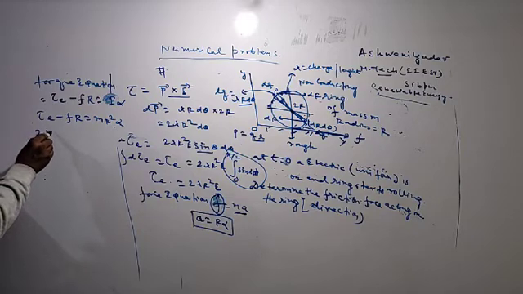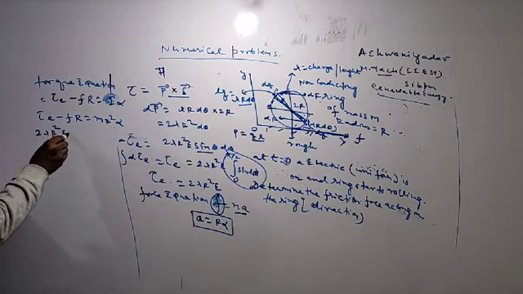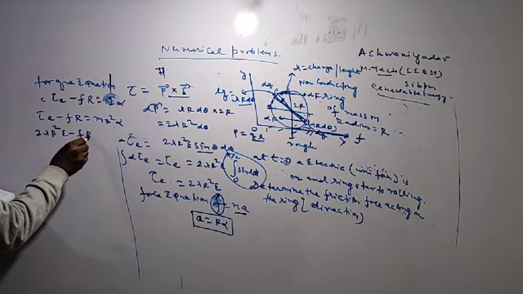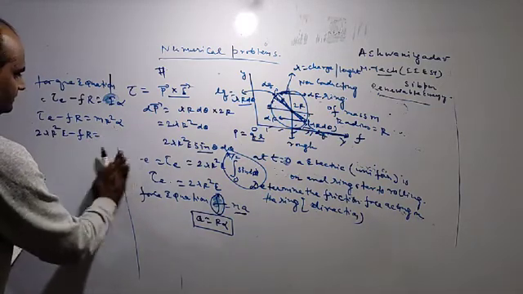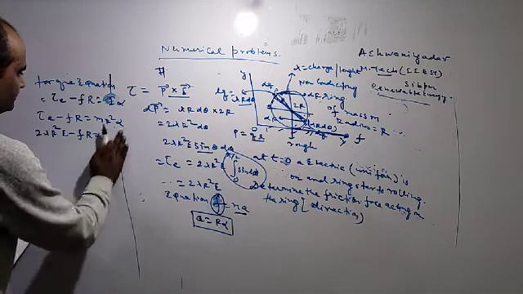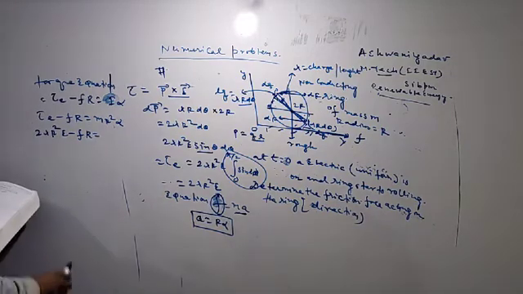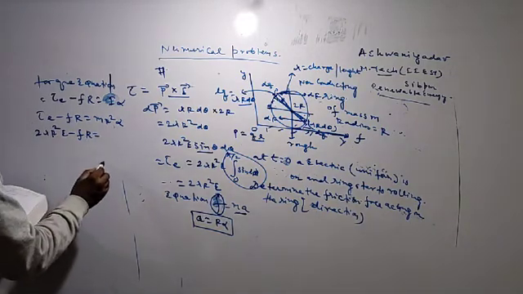Now third, we have electric torque 2 lambda R square E minus friction force R equal to m R square alpha.